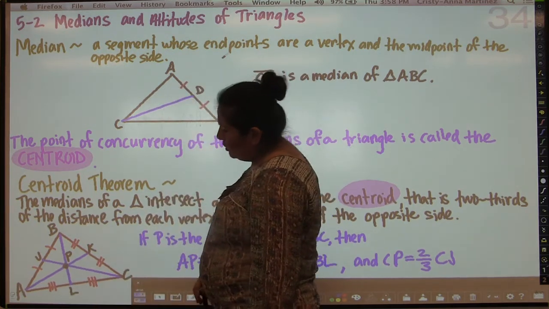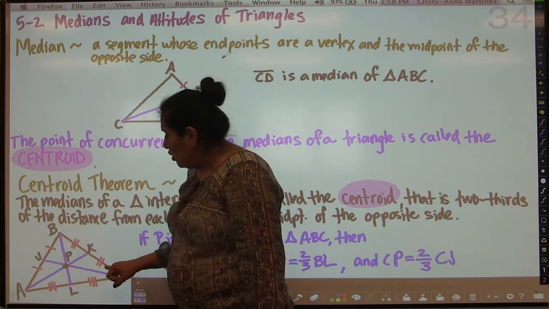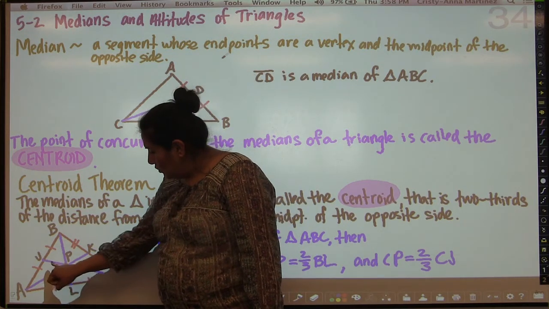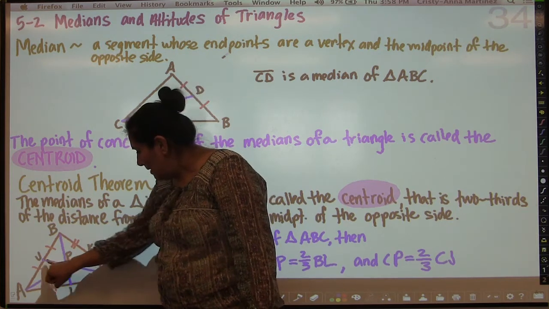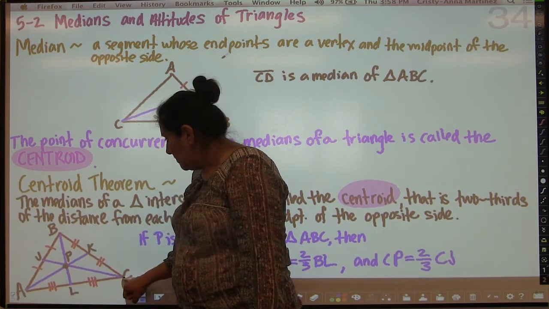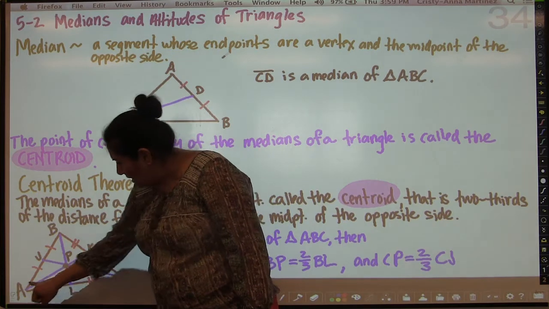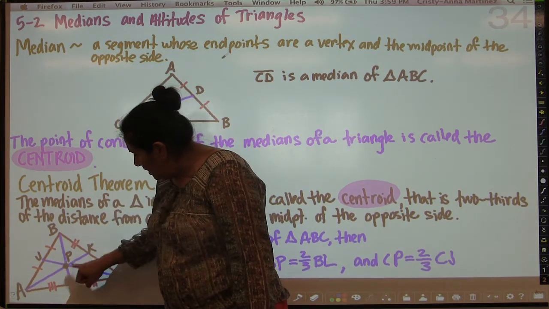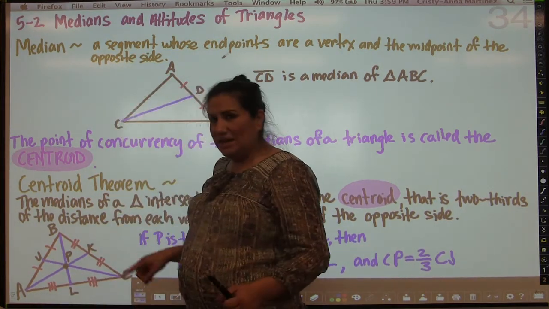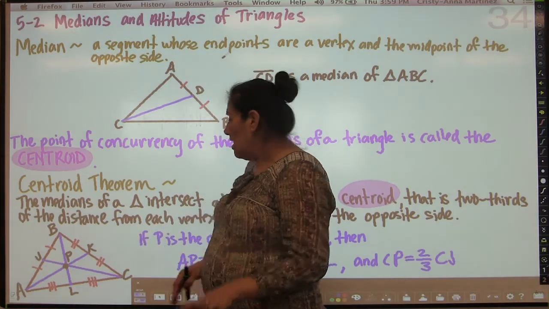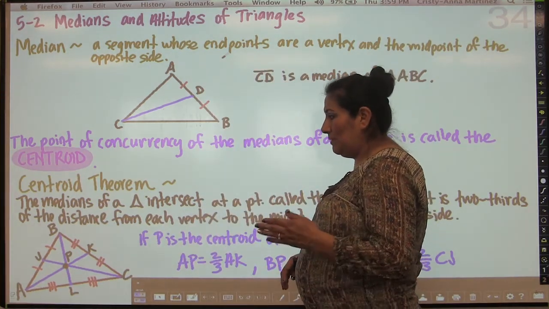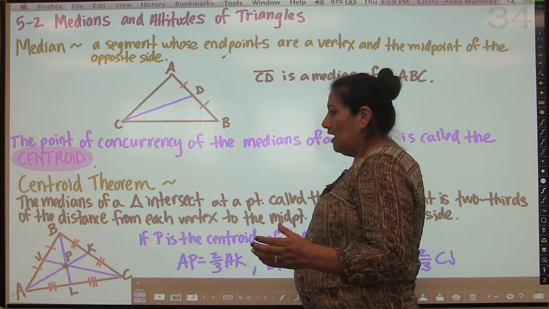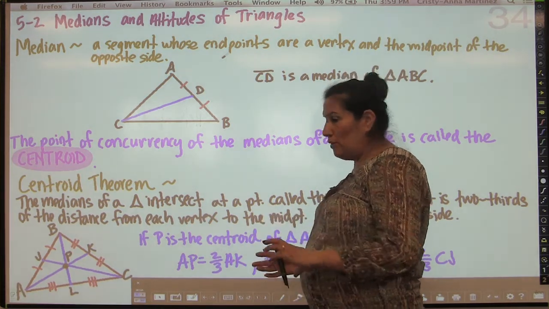When you do that, you can look at each median and see that it's divided into two pieces. There's JP and PC, there's KP and PA, and then there's BP and PL. So each of those medians is cut into two pieces. Basically what the theorem is telling us is that the point P divides the median into a 1/3, 2/3 ratio.